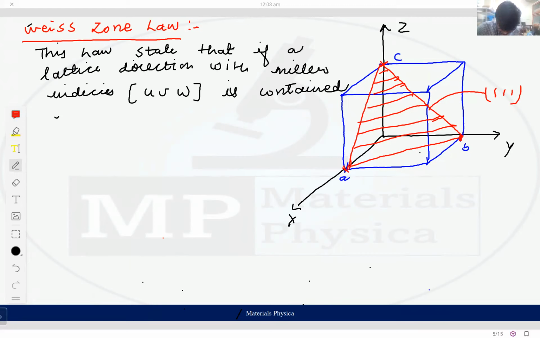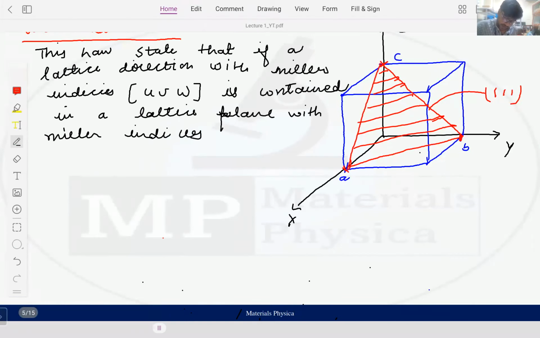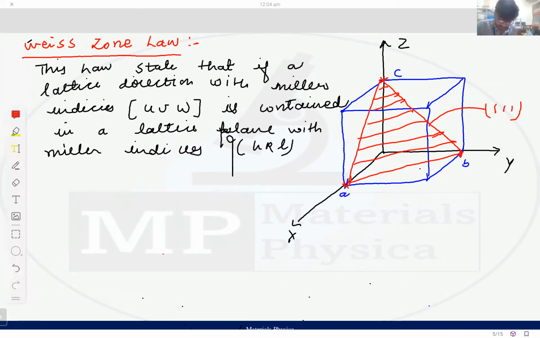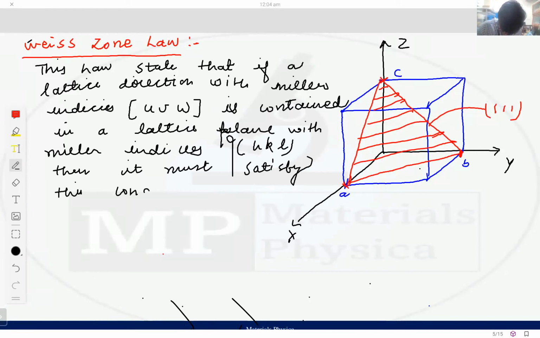is contained in a lattice plane with Miller indices H, K and L, then it must satisfy this condition, which is HU plus KV plus LW is equal to 0.